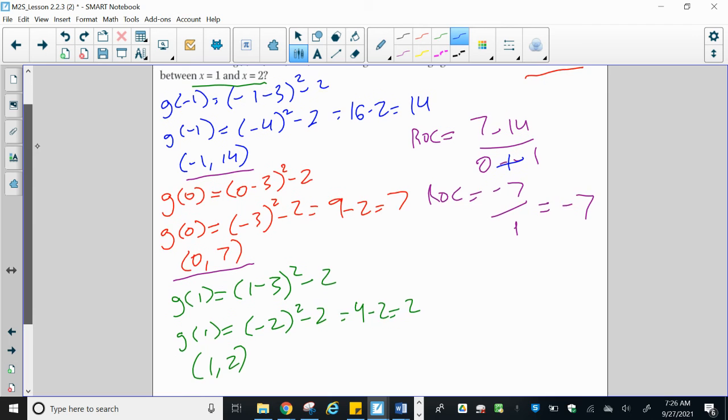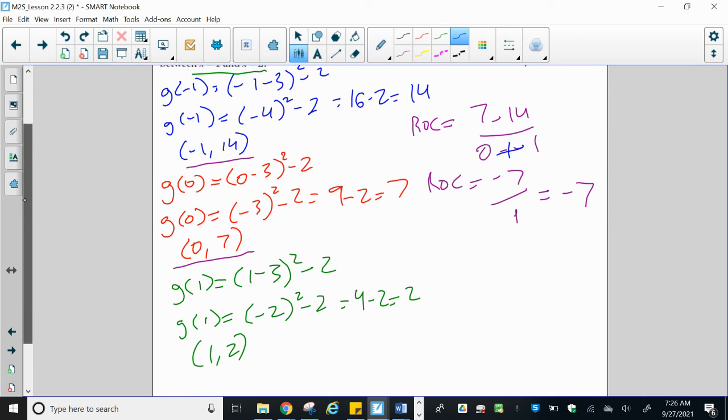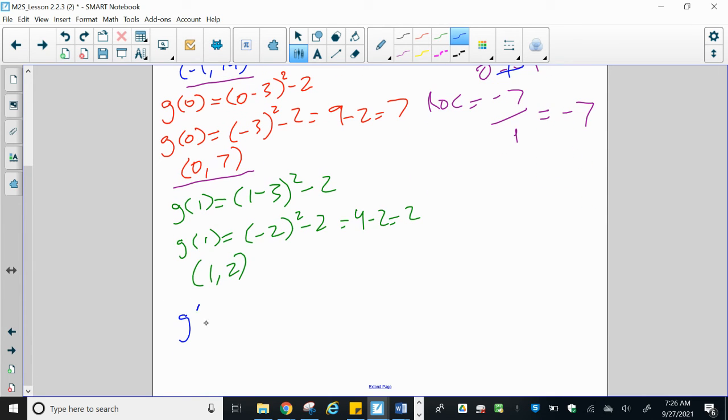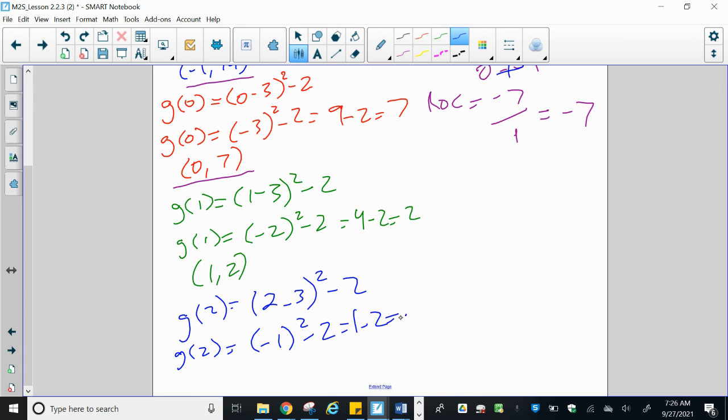And then lastly, we have the x value of 2. So g of 2. So it'd be 2 minus 3 squared minus 2. -1 squared minus 2. That's 1 minus 2. That's -1. 2, -1.